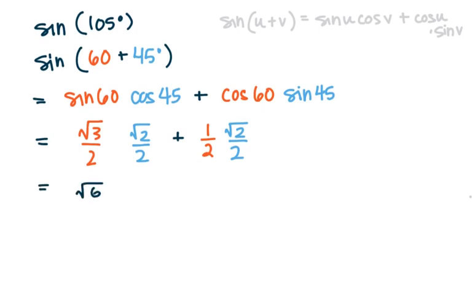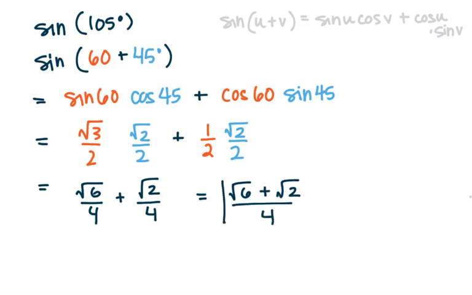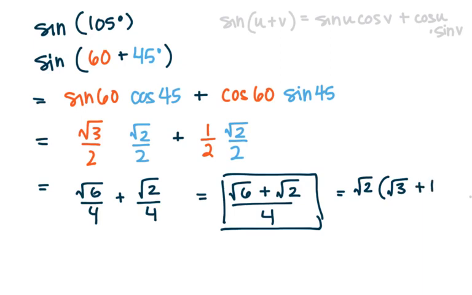I've got root 6 over 4 plus root 2 over 4, or rather root 6 plus root 2 over 4. So that's the best way for us to present our answer, but of course we can factor a GCF out, so we could write this as root 2 times root 3 plus 1 over 4. So that's acceptable as well.